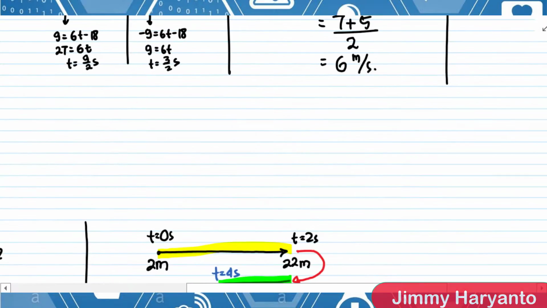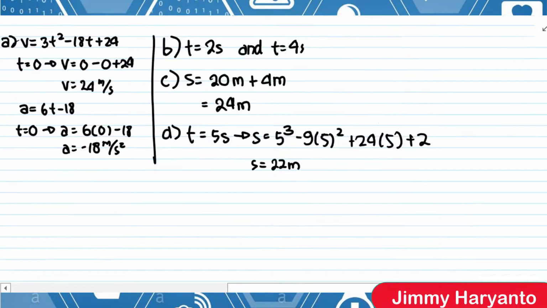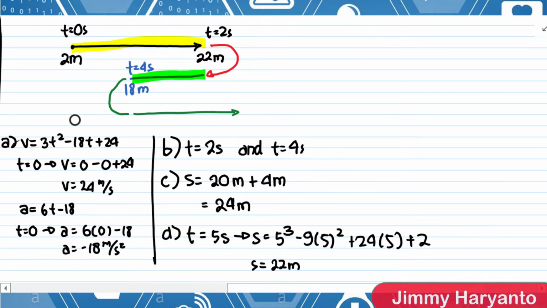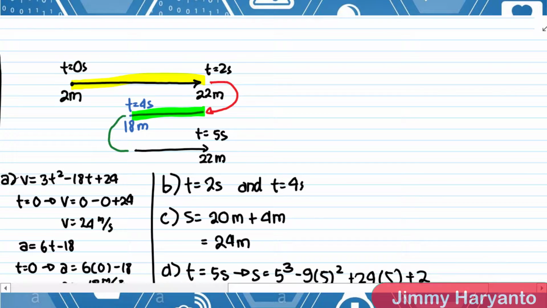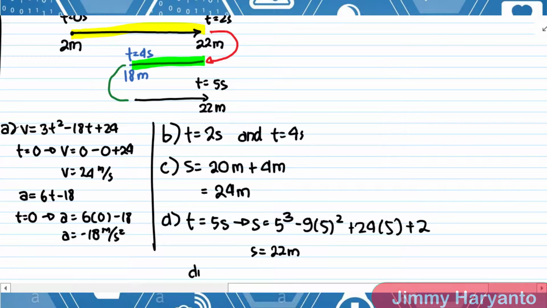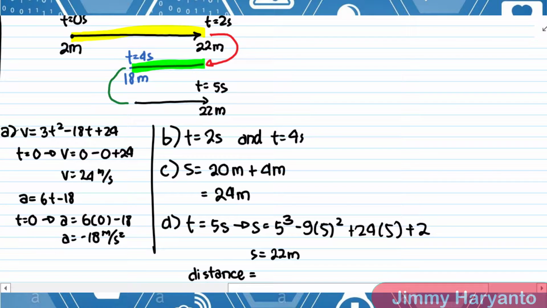So we can put it into the sketch again, right here, 22 meters. It happens when the time is 5 seconds. So our sketch is now complete and we can find the distance easily. You only have to add the distance covered for each motion. From 0 seconds to 4 seconds we already have 24 meters.